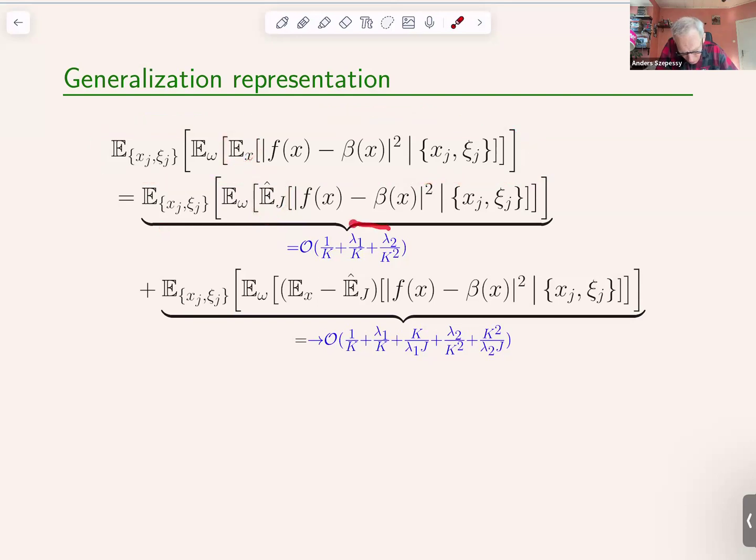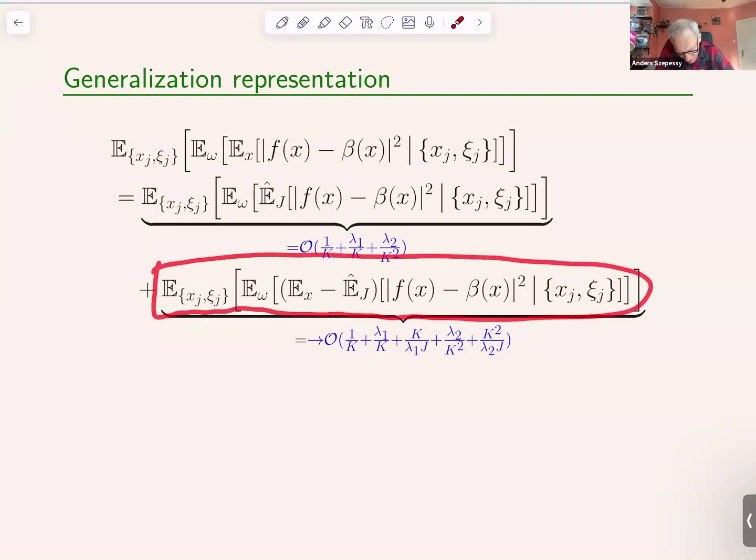This training error we have shown now is bounded by lambda 1 over k, plus lambda 2 over k squared. And what remains now to prove is that the difference, using the difference of the empirical mean and the mean, has a bound. And we will show now in a couple of slides that it has this bound.